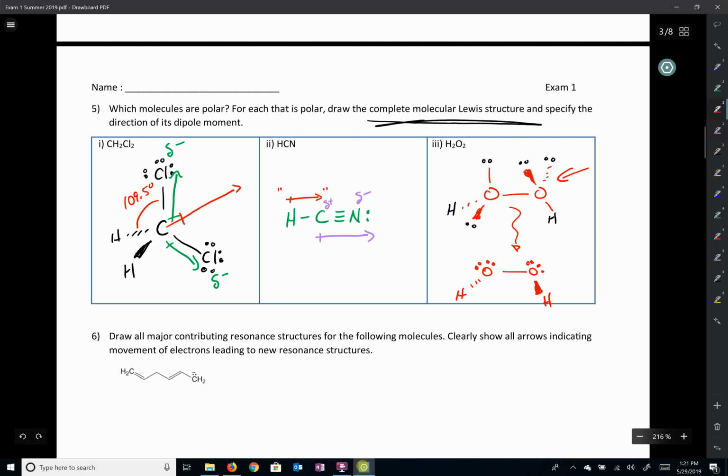It's not a planar molecule. So we're pulling towards our oxygens, the lone pairs, all this kind of stuff. So overall, the net dipole is going to be kind of pulling up in that direction there, okay? Remember, if you're asked whether the molecules are polar, draw the overall dipole. We have to look at the three-dimensional shape, and that's the whole point, okay?